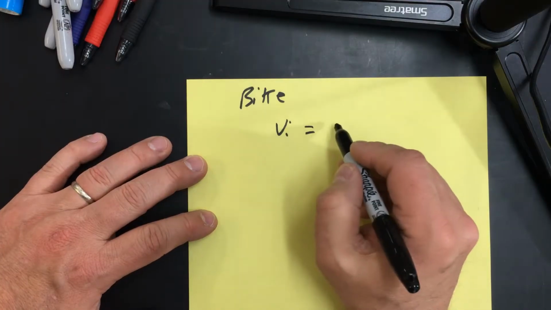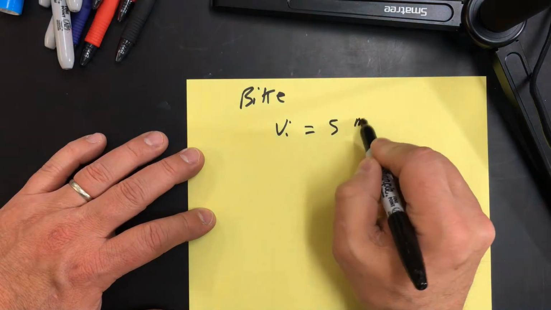So what does this look like in a problem? In a problem, it looks like this. Let's say we have a bike going down the road, and its initial velocity at the beginning of the situation, you just look up and you see a bicycle, and it is going, let's say, 5 meters per second. Moving pretty quick.